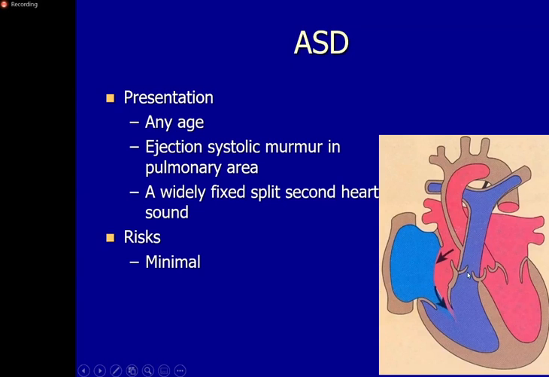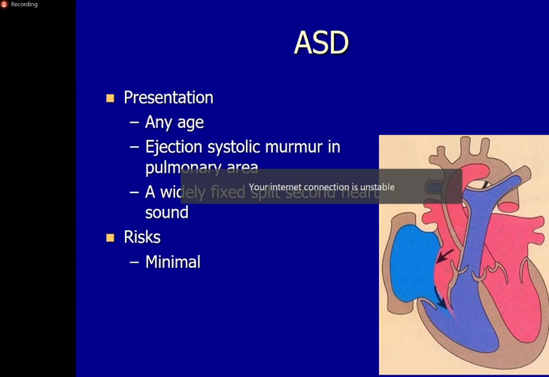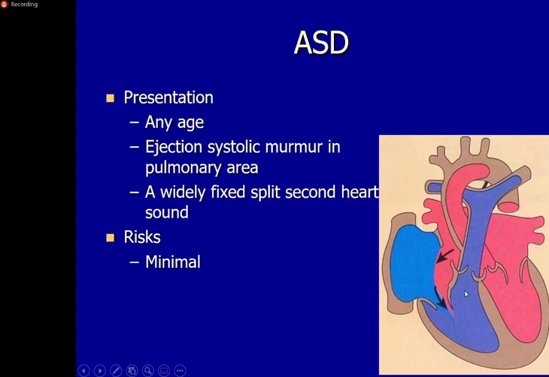Because of that, what will happen? The second heart sound will be heard as two different distinct heart sounds, what we call a splitting of the second heart sound. So there will be a fixed split. Actually you will hear the second heart sound not as a single one, but as two distinct heart sounds, very close to each other.